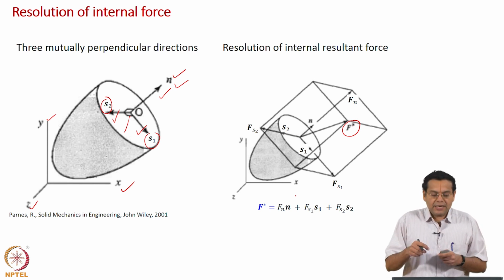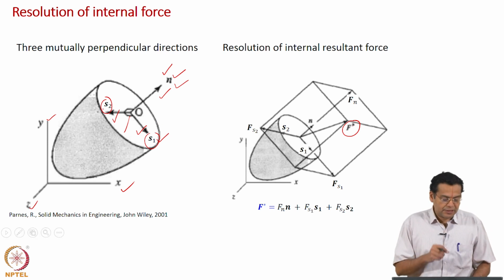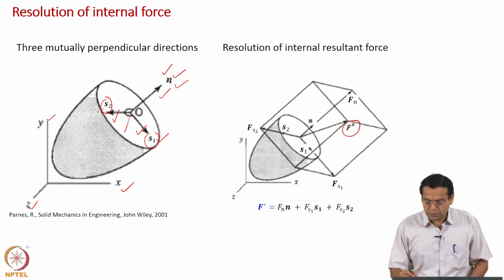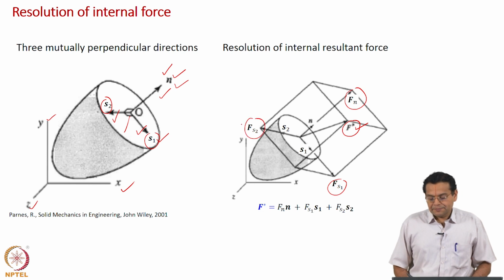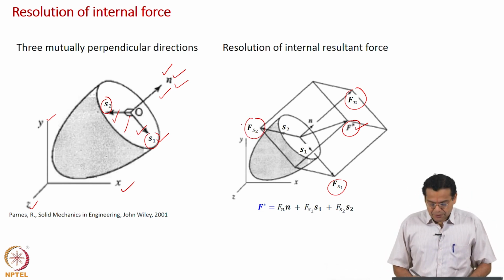Instead of x, y, z, here we have denoted the coordinate axes as n, and because the other two are on the surface, they are denoted as S1 and S2. So, instead of x, y, z, we have the n vector, S1 vector, S2 vector. Now we are resolving this F star along the n vector, which I denote as Fn, along S1, which is Fs1, and similarly along S2, which is Fs2. And that is what is shown here.